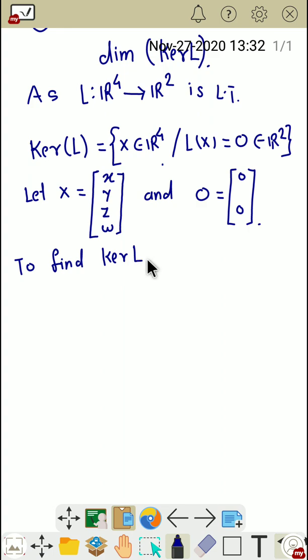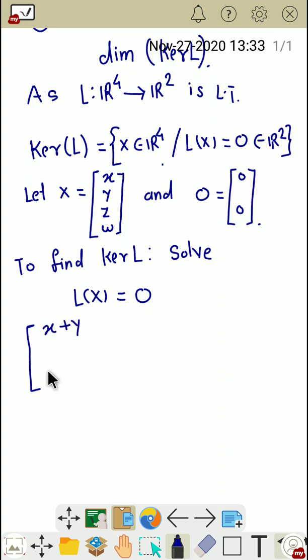To find the kernel of L, solve the equation L of x is equal to 0. By definition of the linear transformation, L of x is nothing but the vector (x plus y, z plus w), and it is equal to the zero vector in R2.